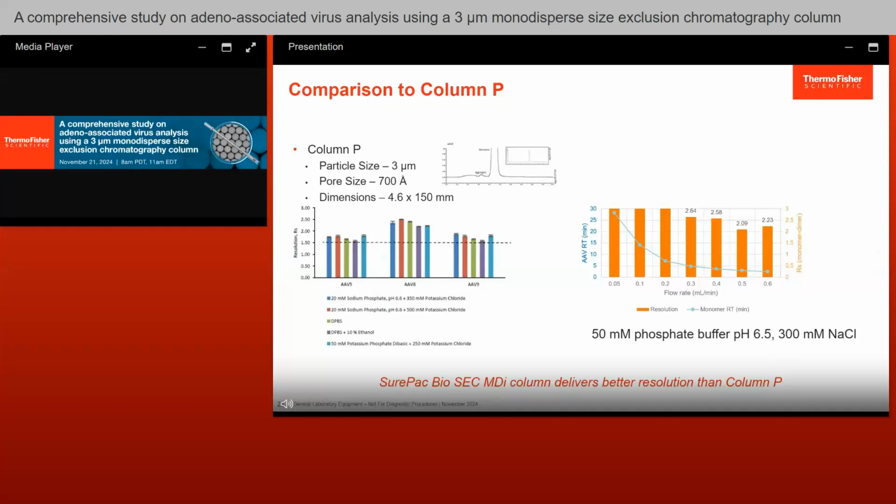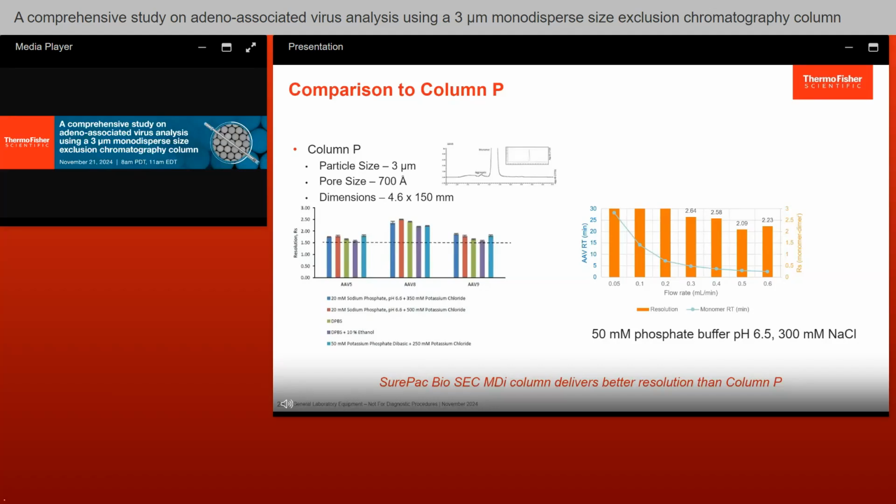Next one is column P. Column P is 3 micron with a 700 angstrom pore size. The column dimension is the same, 4.6 by 150. If we just pick one to compare, for example AAV8, it has a retention time with column P of around 4.5 minutes.